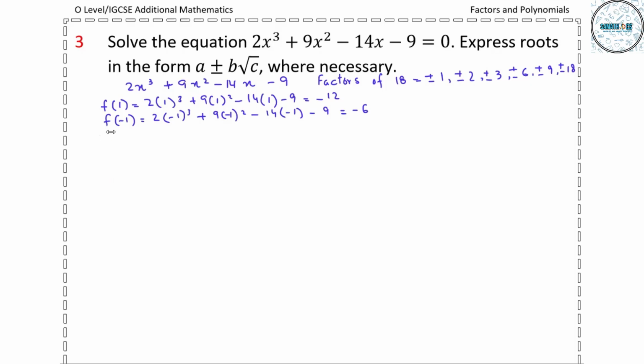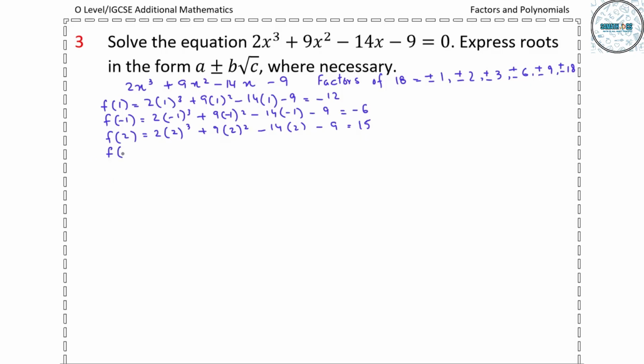We will check with 2: 2 into 2 cube plus 9 into 2 square minus 14 into 2 minus 9, which is equal to 15. You can enter this into the calculator once and then you can change the values.